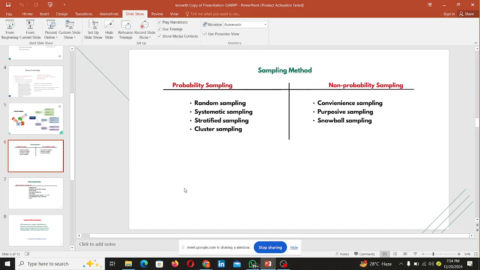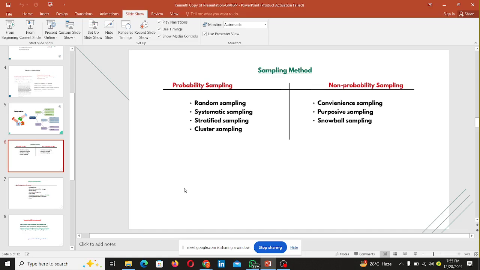Non-probability sampling basically doesn't give everyone the chance to engage in that particular research, which is why they say non-probability sampling doesn't really give a true reflection. So you cannot deduce accurately the characteristics of the whole population if you engage in non-probability sampling.